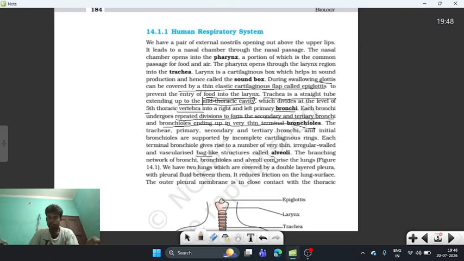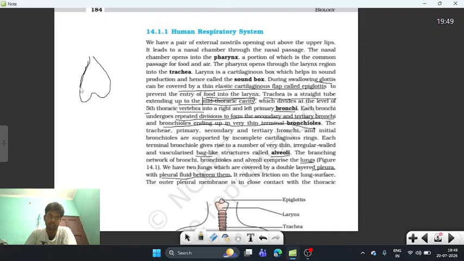The branching network of bronchioles and alveoli comprise the lungs. We have two lungs that you already know, which are covered by a double layered pleura which has pleural fluid between them. So lung is like this. This is the lung. It has a double layer pleura.